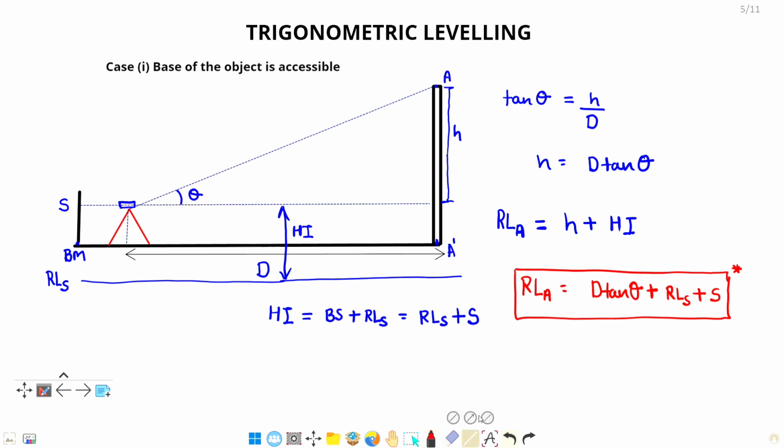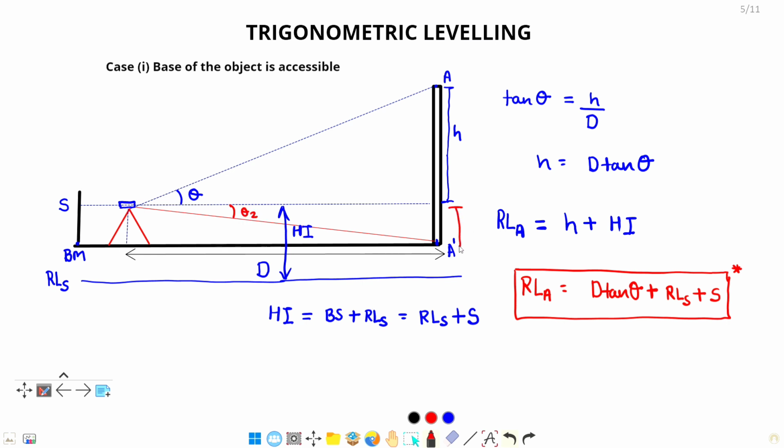Also, for example, if we need to calculate the height of the object, the complete height of this object, it is much easier than this RL calculation. What we will do, we have calculated this theta by taking the elevation angle. We will calculate another theta by sighting the bottom of the tower and write it down as theta 2.